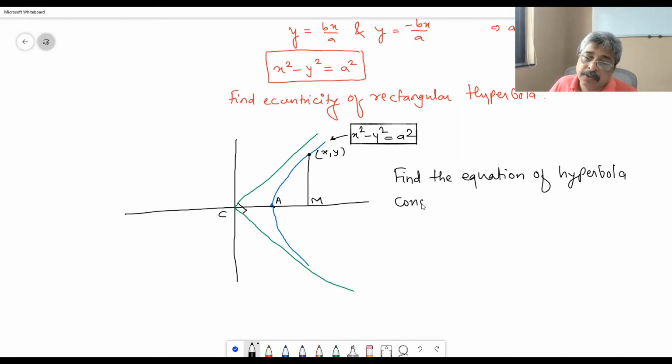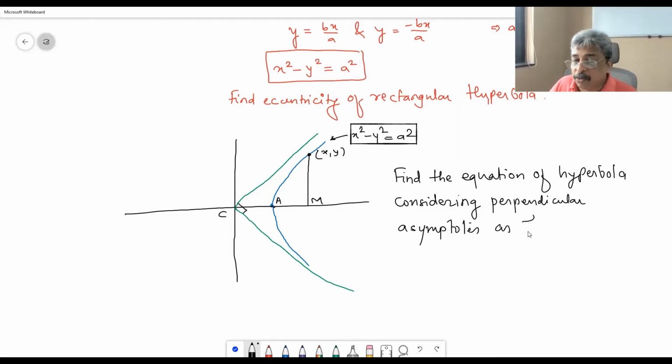considering perpendicular asymptotes as the frame of reference.